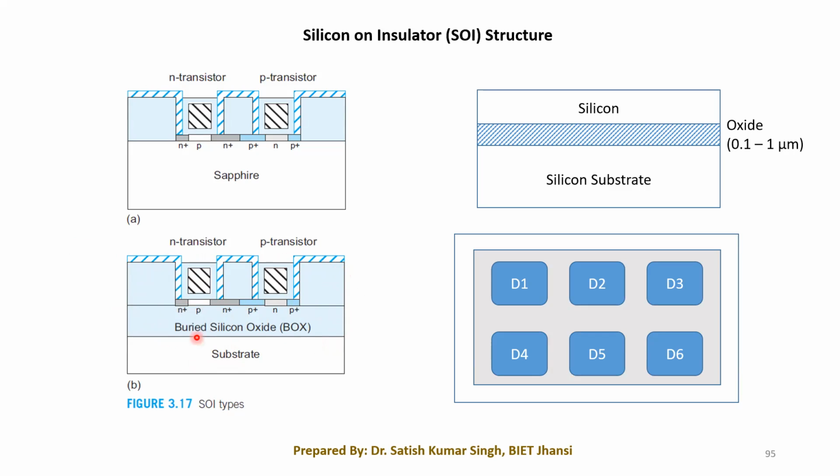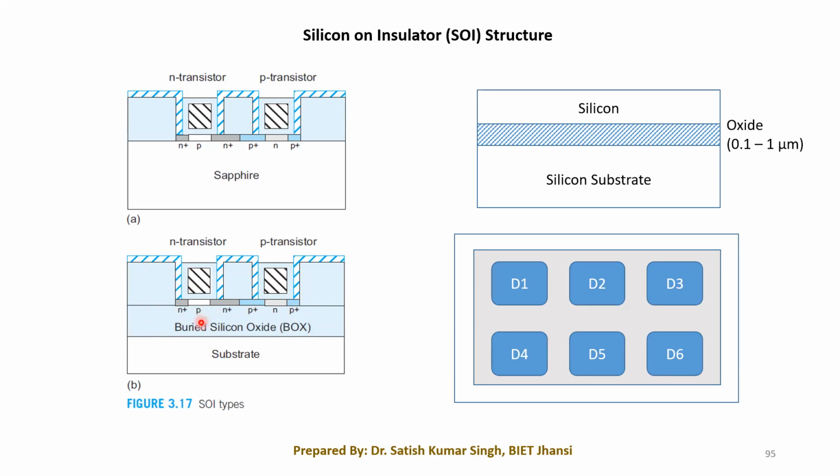The buried silicon dioxide is the insulator, having insulating property. Onto this insulator we first fabricate a silicon layer, and within that silicon layer we fabricate our devices. That's why we call it silicon on insulator.